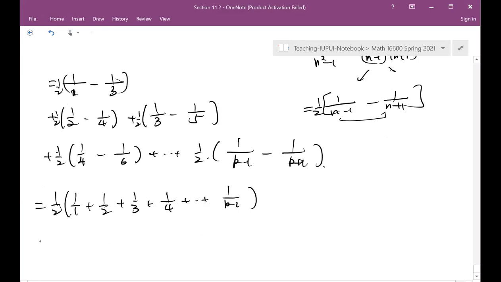And then you put all the negatives here: 1 over 3, 1 over 4, 1 over 5, up to 1 over k plus 1.